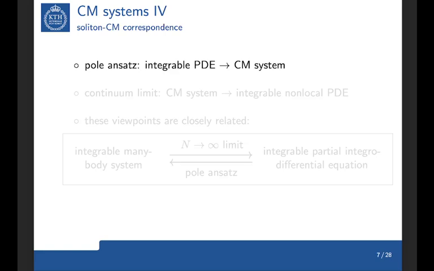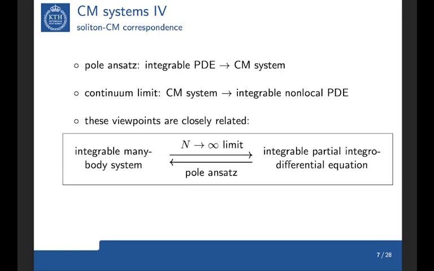To summarize a bit, a pole ansatz takes us from an integrable PDE to a CM system, while a continuum limit does in some sense the opposite. We go from a CM system to an integrable, in known cases, non-local PDE. And in fact, I'll just mention that these viewpoints are closely related. So this diagram should be interpreted in a moral sense rather than in a precise way.